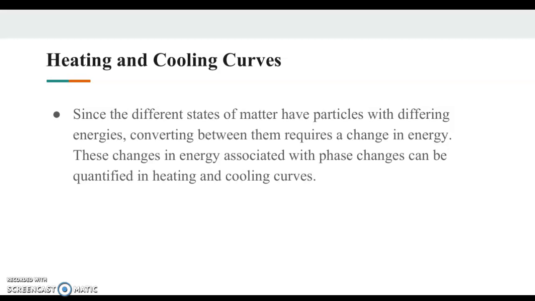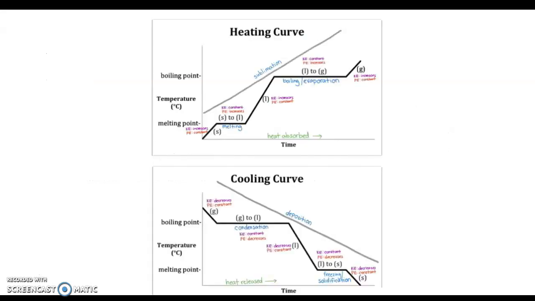But since the different states of matter have particles with differing energies, you can convert between them and figure out how much energy is required in order to do those phase changes. These energy changes, again, phase changes, are quantified and plotted on heating and cooling curves. So something like this. And heating and cooling curves give us a lot of good information.